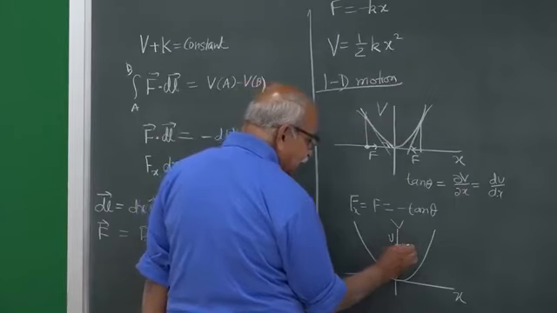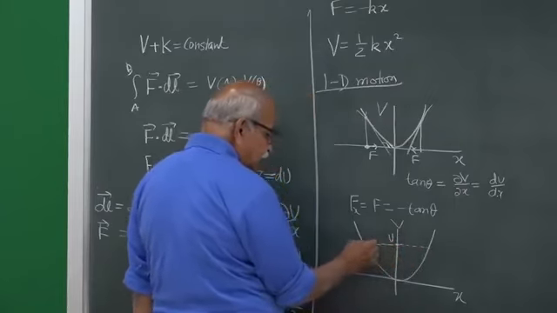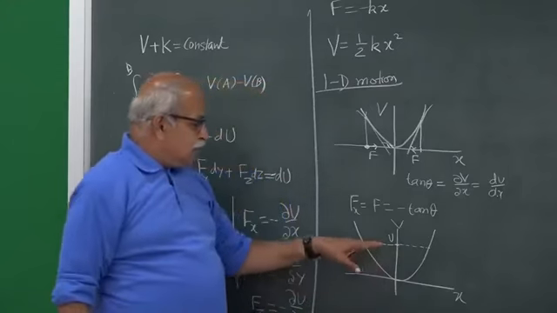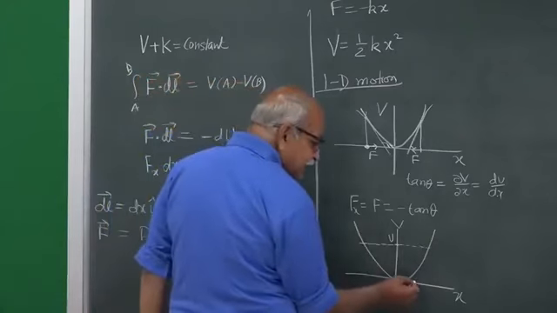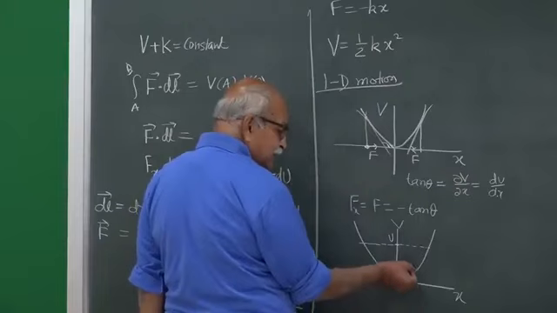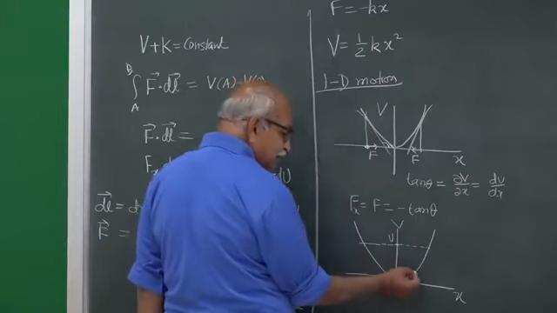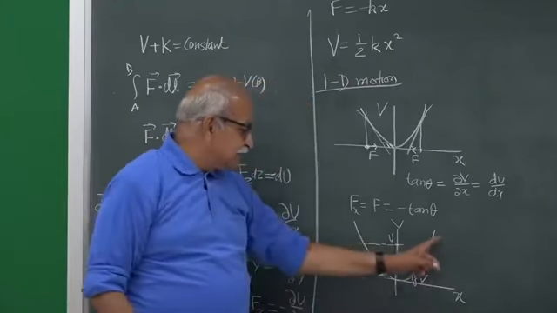if I draw a line here, the total energy will always remain U. Suppose the particle is somewhere here, then this much is the potential energy, because this is the potential energy curve.